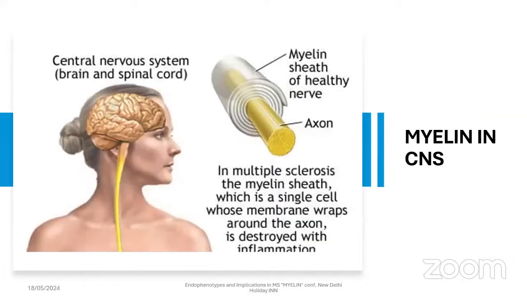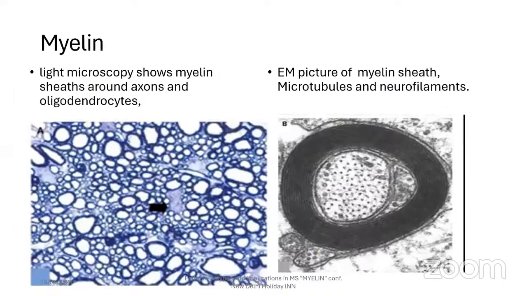Most important, in multiple sclerosis the myelin sheath, which is a single cell whose membrane wraps around the axon, is destroyed with inflammation. This is the myelin sheath of a healthy nerve. You can see the myelin on light microscopy.